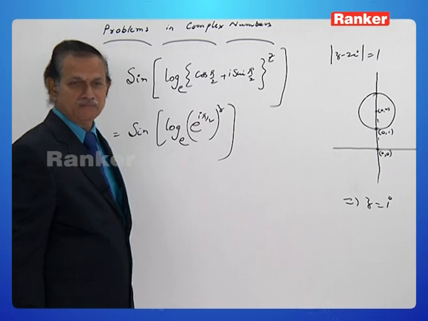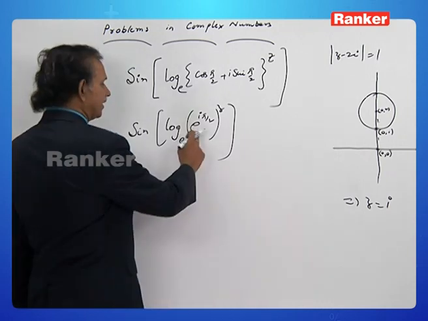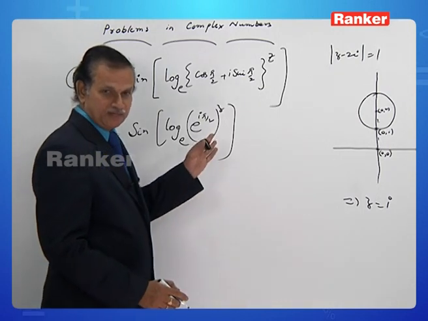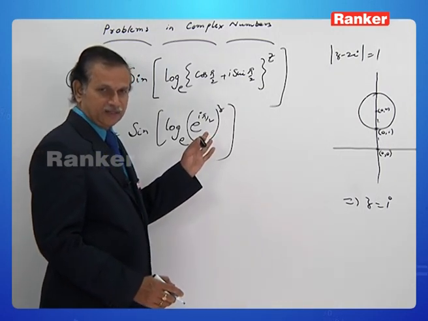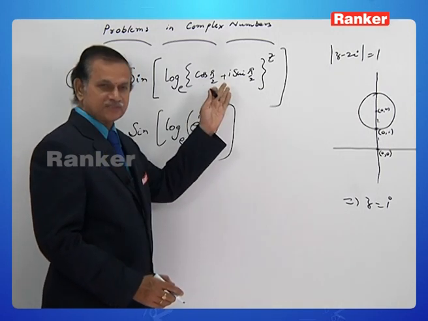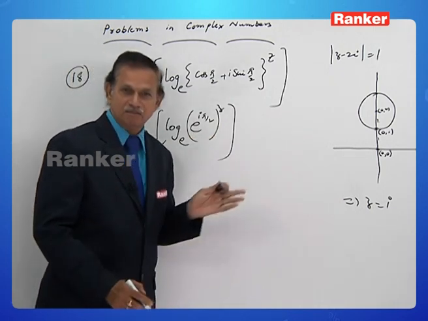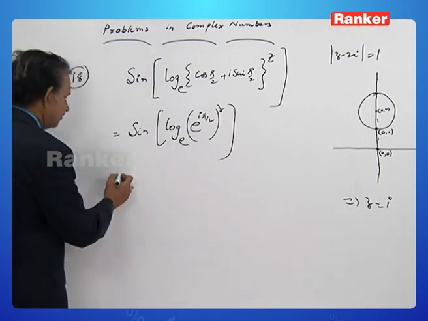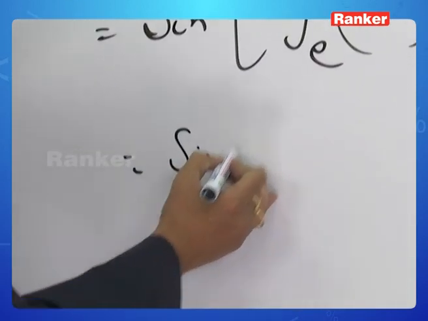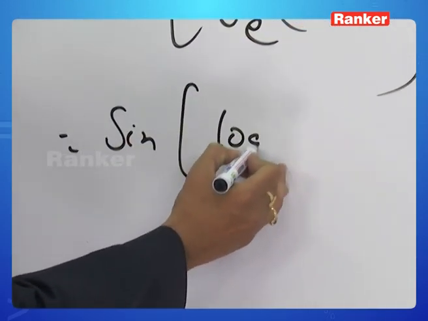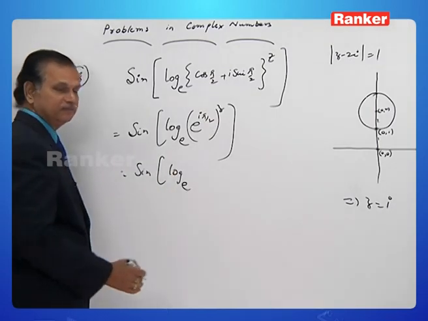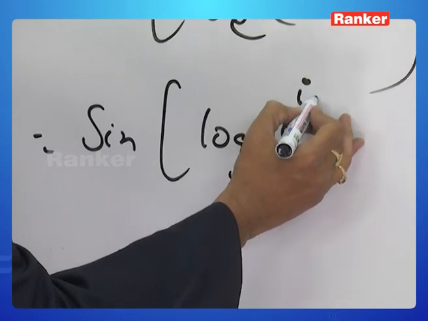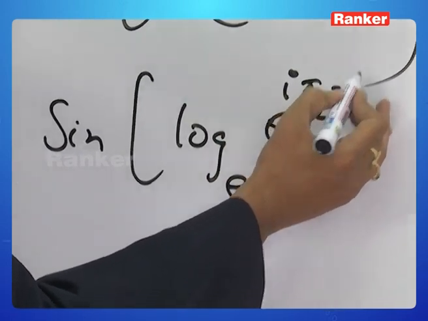You see, cos theta plus i sin theta is nothing but e power i theta, by Euler's definition. Well, this is nothing but sine of log to the base e of (e power i pi by 2) whole power z.